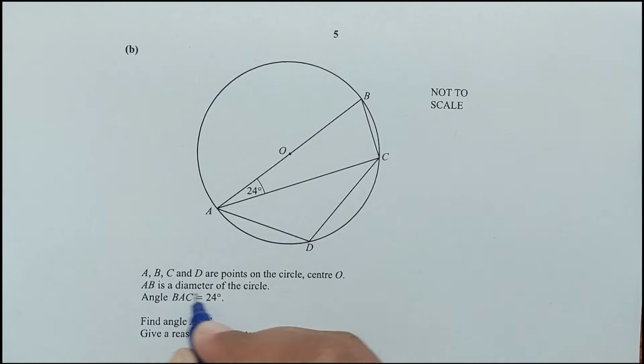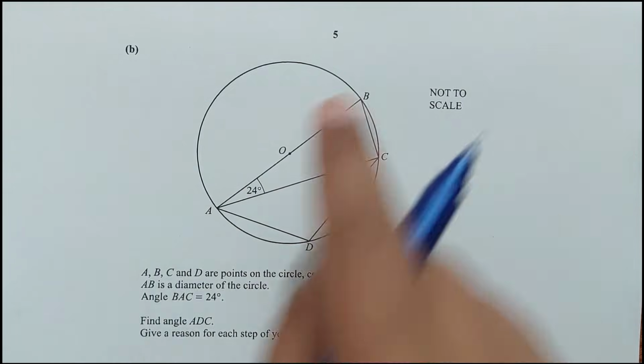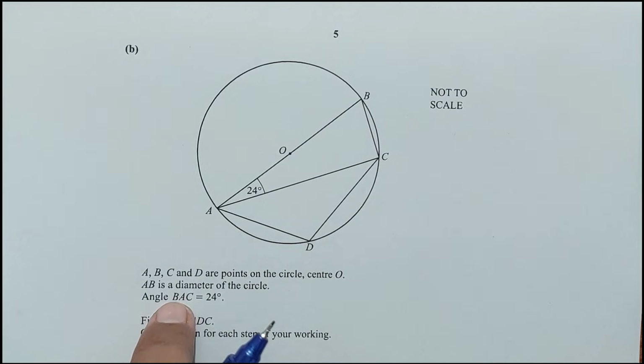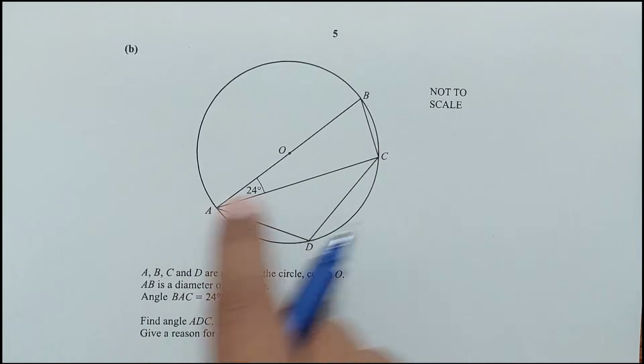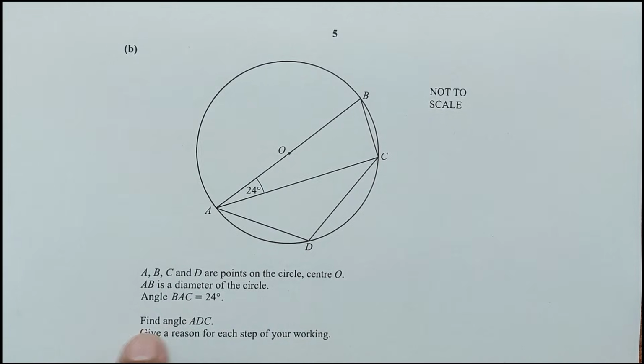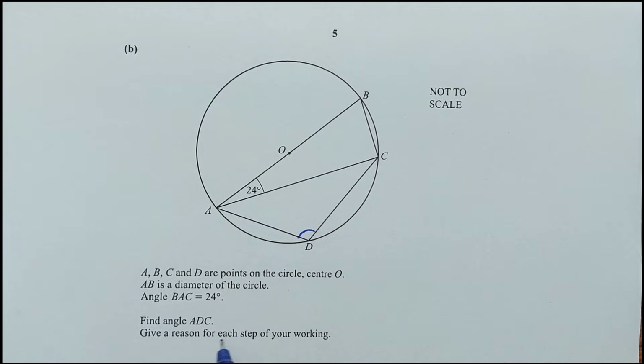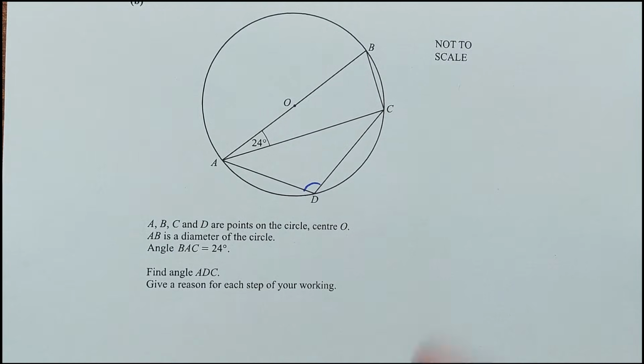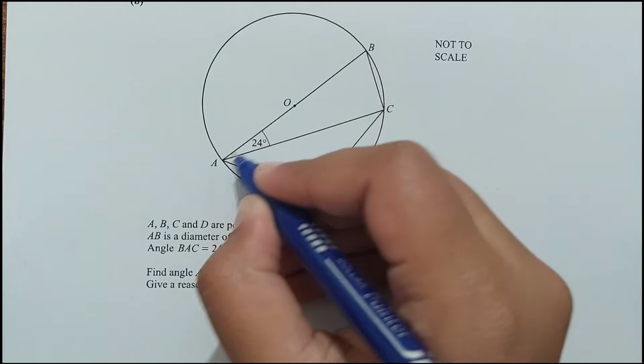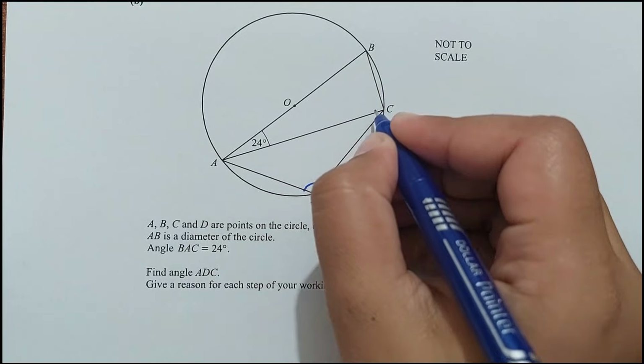Now for part B. A, B, C, and D are points on a circle with center O. AB is a diameter of the circle. Angle BAC is 24 degrees. Find angle ADC. Give a reason for each step of your working. The first reason is that the angle opposite the diameter is a right angle.